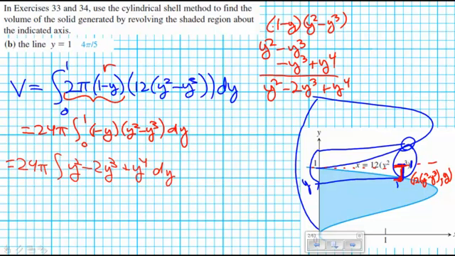But now, at least with it expanded, we can do the antiderivative relatively easily. Oh, forgot my limits of integration. Can't forget those. 1/3 y cubed minus 2 times 1/4 y to the fourth plus 1/5 y to the fifth as evaluated from 0 to 1.